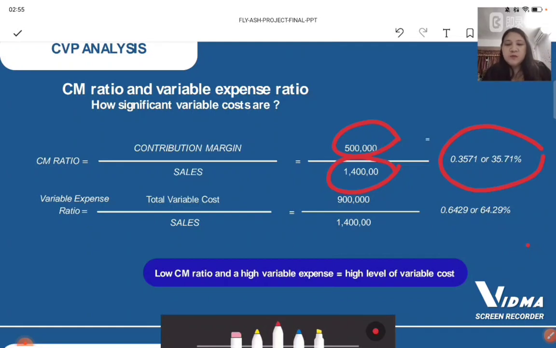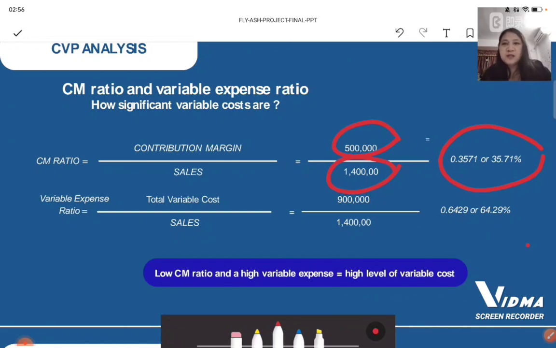So remember, if the margin isn't large enough to cover the fixed expenses, then there will be a real loss for that period. Since our margin is large enough to cover our fixed expenses, it's still feasible. We've also mentioned that it is a good way to determine if a company can afford to put a product on sale for a certain price and still hit the target profit goal.